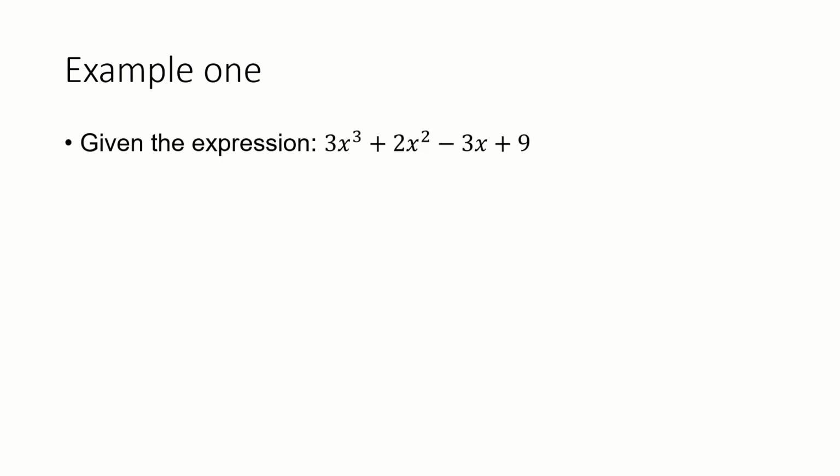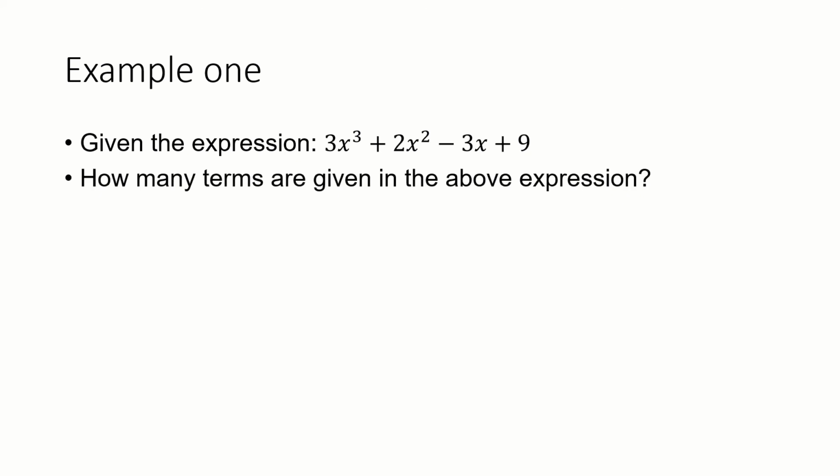Example 1. Given this expression, how many terms are given in the above expression? Remember, I said terms can be linked by multiplication. So 3x cubed is one term. However, terms can only be separated by plus or minus, meaning that 3x cubed plus 2x squared may not be one term because in between there's a plus.